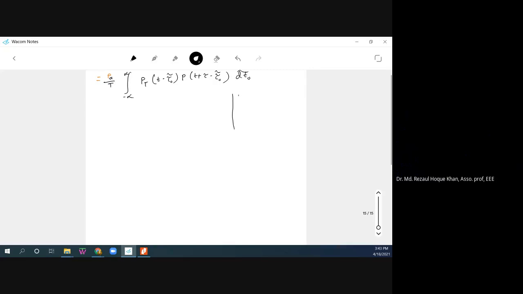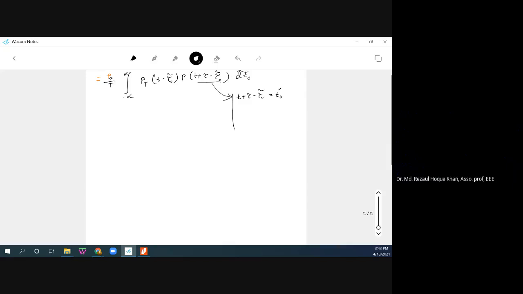What we will do: t plus tau minus t0 tilde, this expression we say it's actually t0 prime. If this is the case, then what does t0 prime mean?